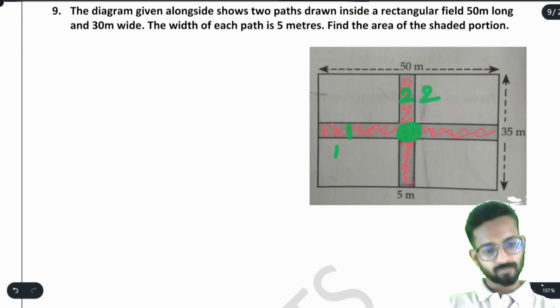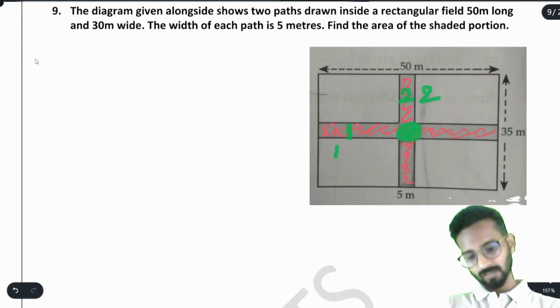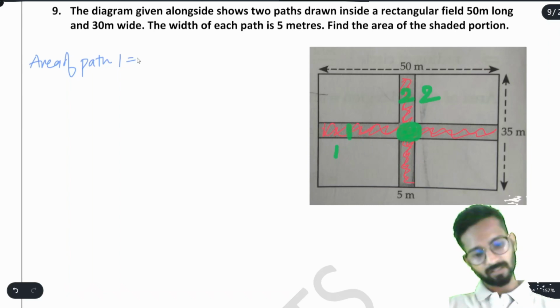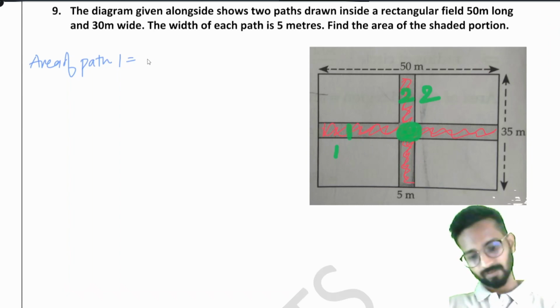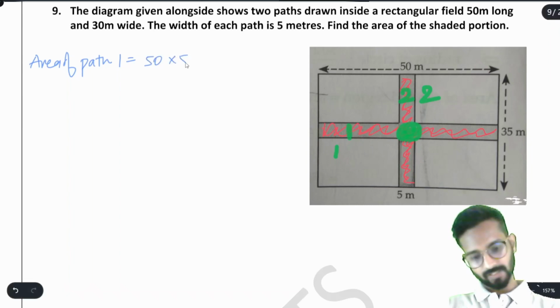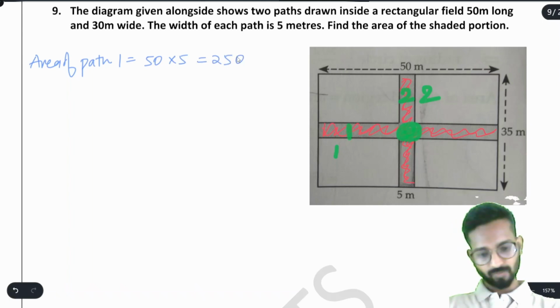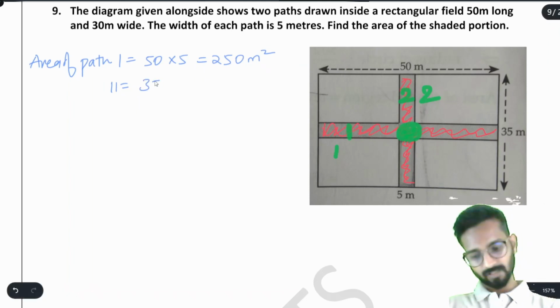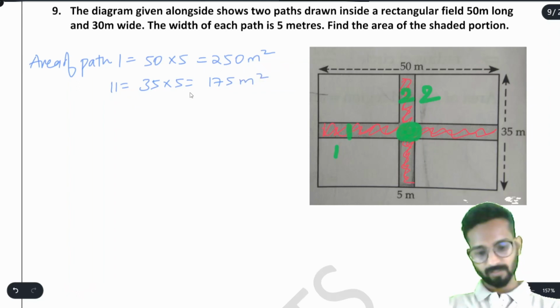So now area of path 1. How will we find this? What is the length? 50 multiply 5, that is 250 meters square. Area of path 2. How? 35 multiply 5, that is 175 meters square.